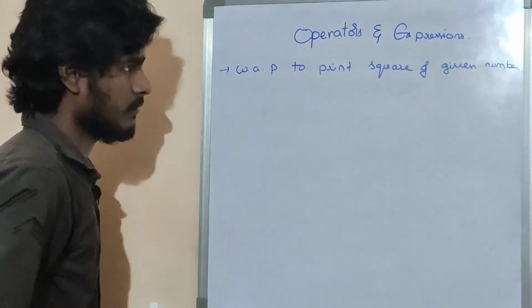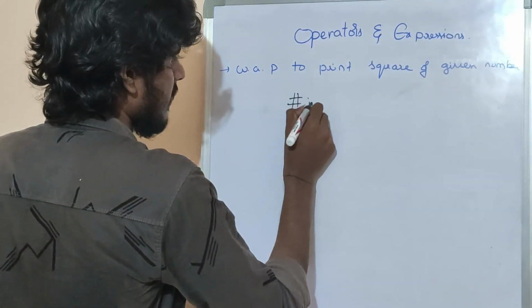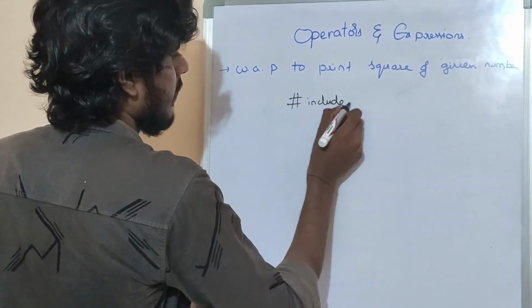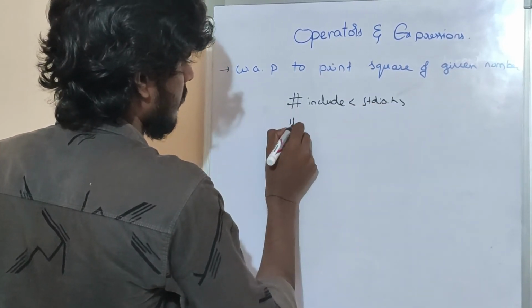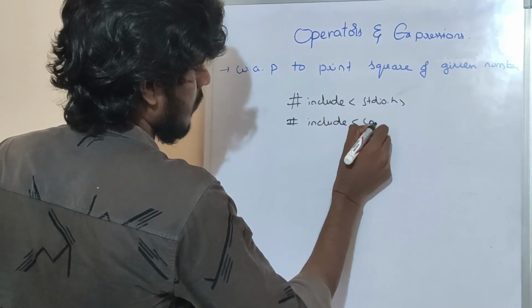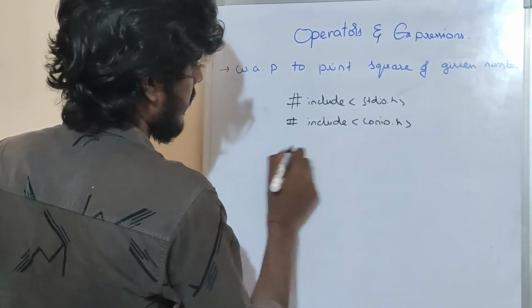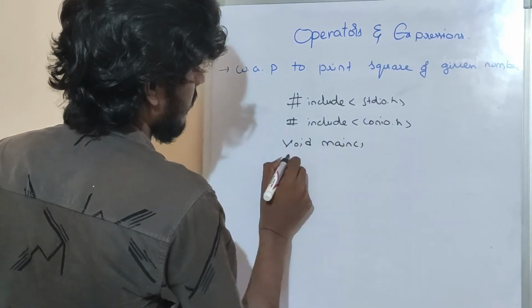Okay, listen carefully friends. #include <stdio.h>, #include <conio.h>, void main.